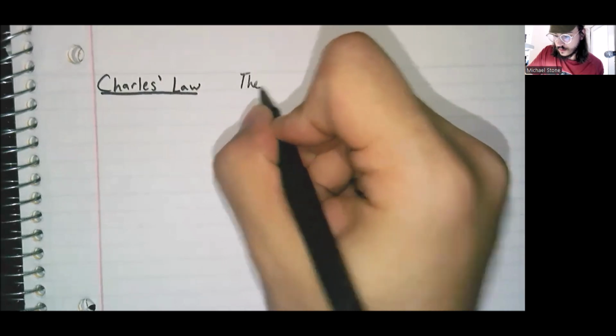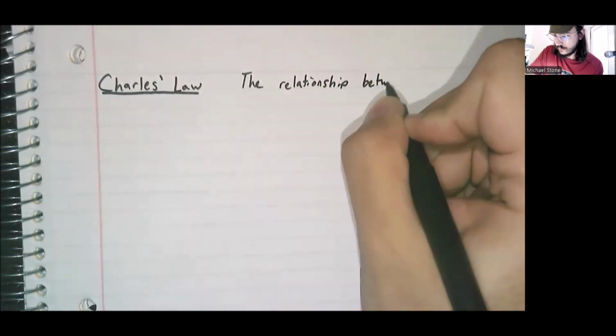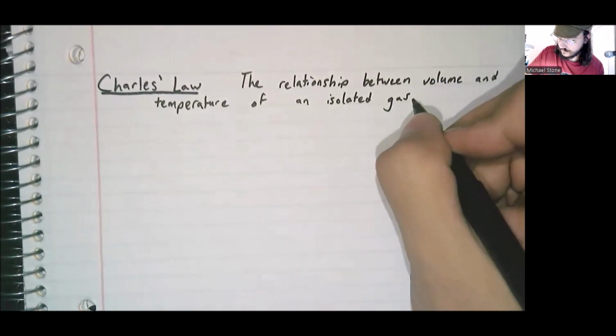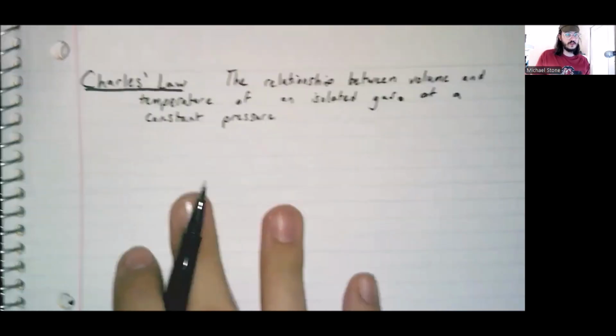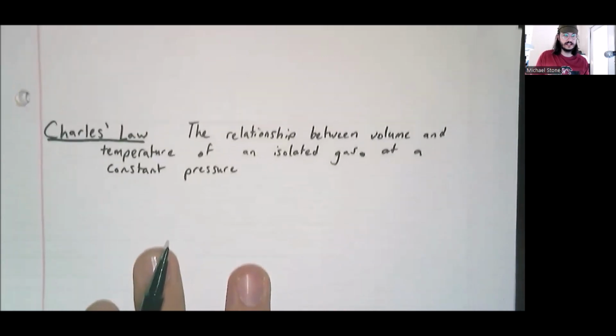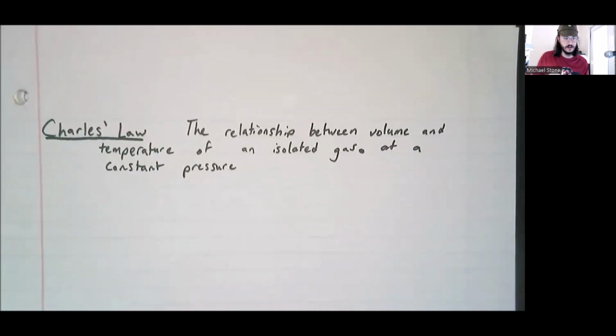All right, moving on from Boyle's law, which works when you have constant temperature, to Charles's law, which works when you have constant pressure. Charles's law is the relationship between volume and temperature of an isolated gas at a constant pressure.